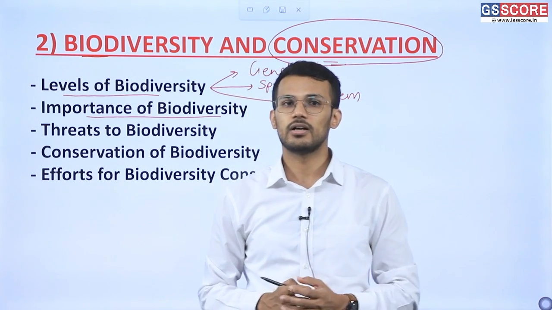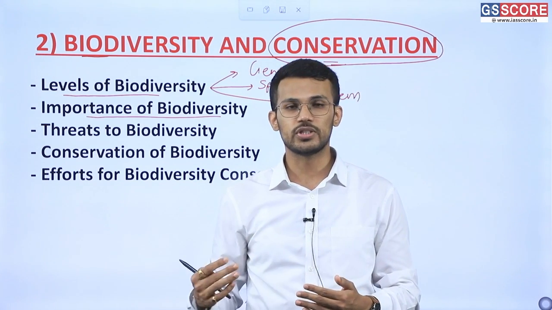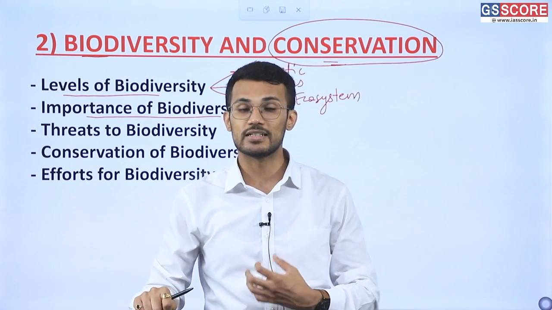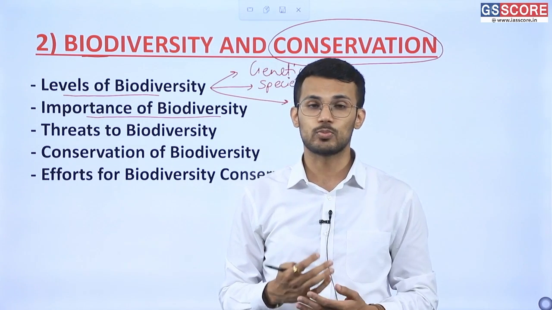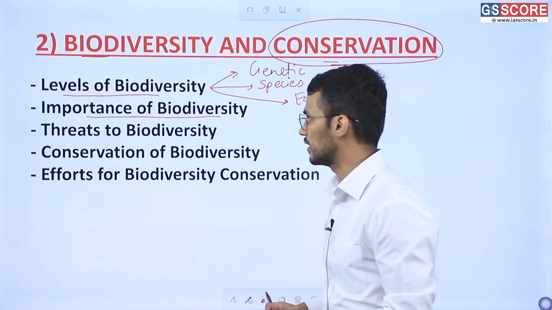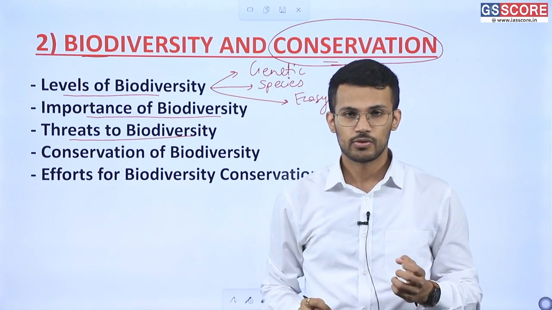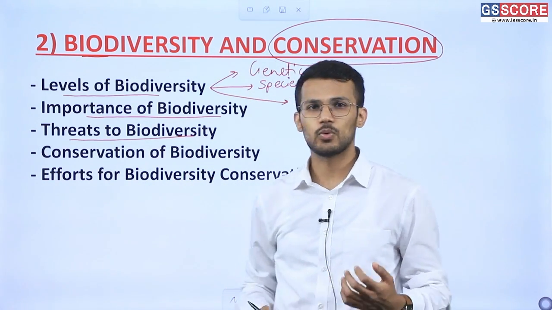But that is not happening these days, because we are not using resources of biodiversity in a sustainable manner, and there is exploitation of these resources. And due to this exploitation, there are a number of threats posed to biodiversity, right? So various threats are posed to biodiversity.